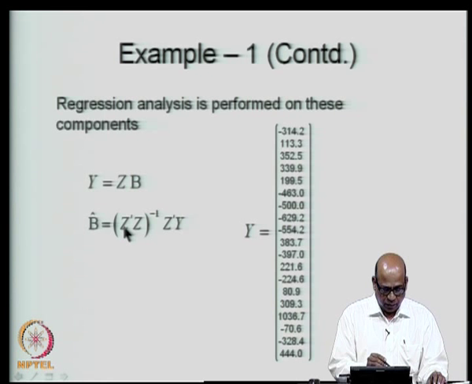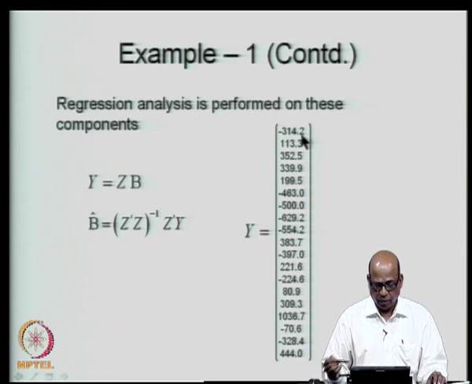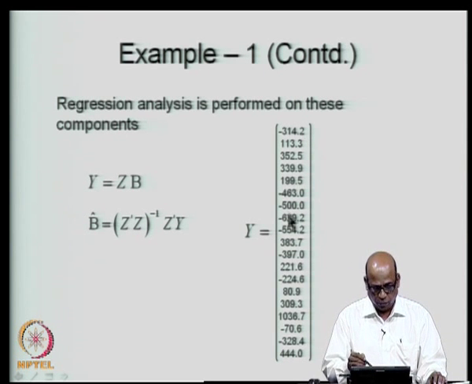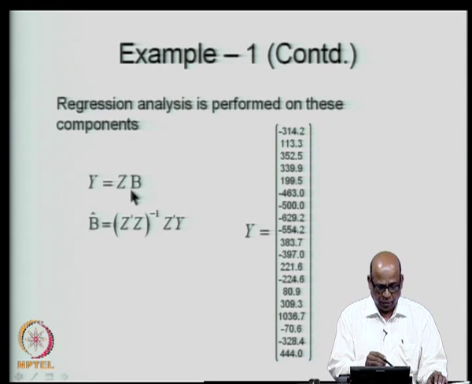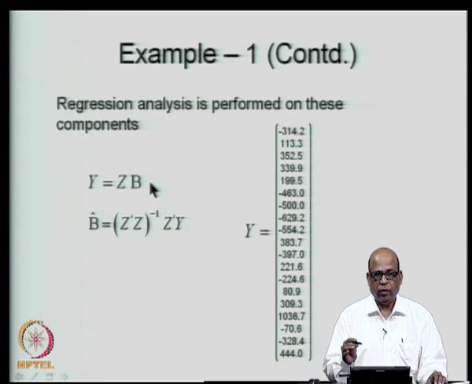So, we know Z, therefore we can get (Z dash Z) inverse and Z dash, and we know y, the vector of the centered values of the dependent variable. So, we know y and therefore we can get b cap. Now, b cap is the estimated values of the parameters beta 1, beta 2, etcetera, up to beta p. In this case, we get 6 beta values.